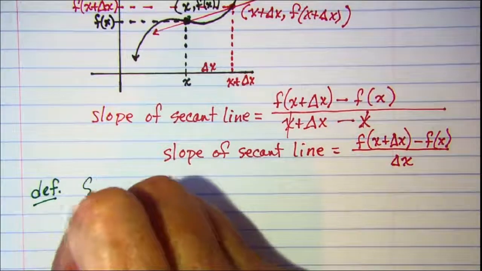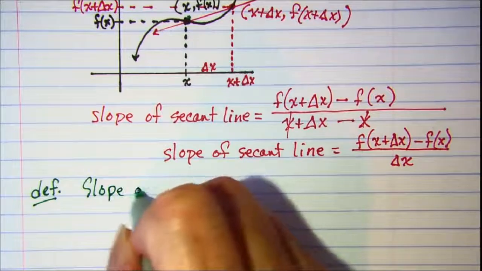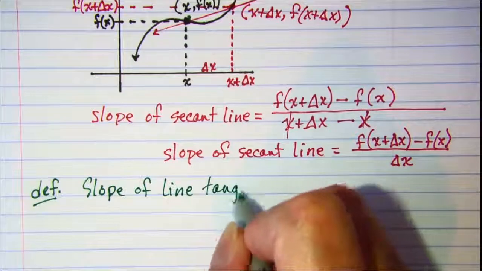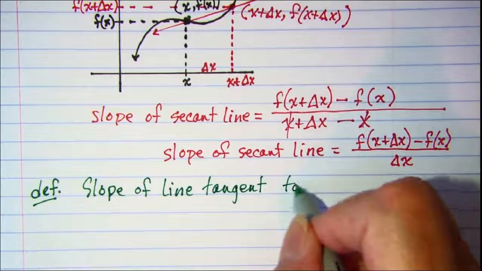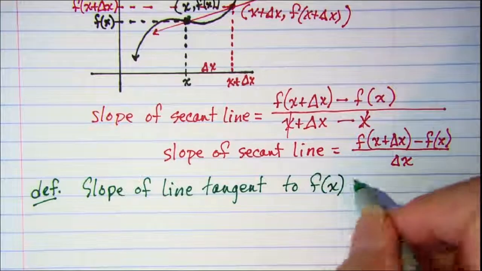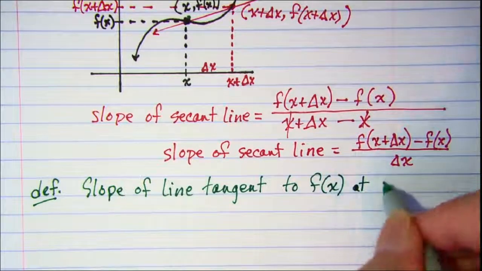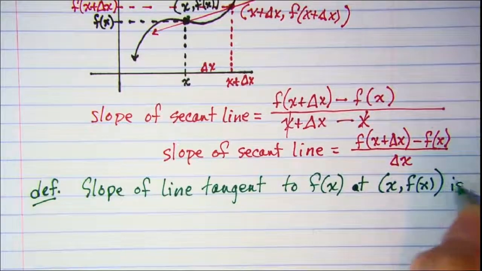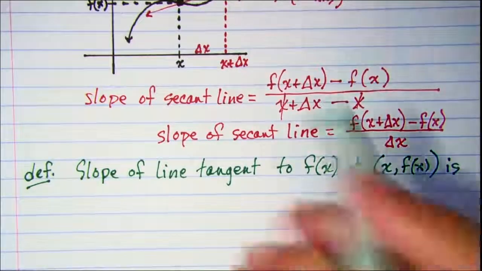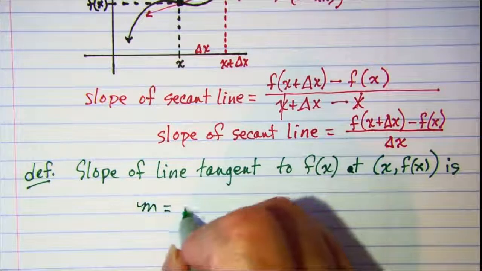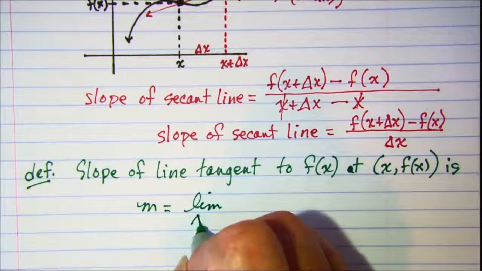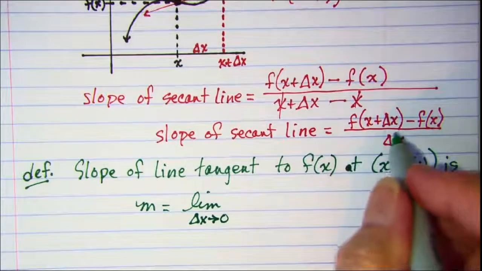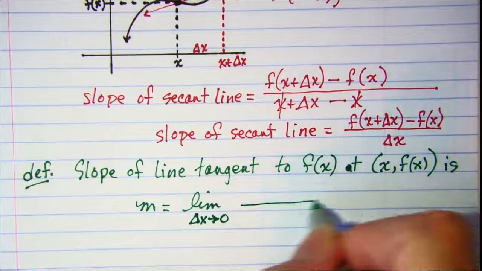The slope of the line tangent to f of x at the point x, f of x is the limit as delta x approaches 0 of this fraction.